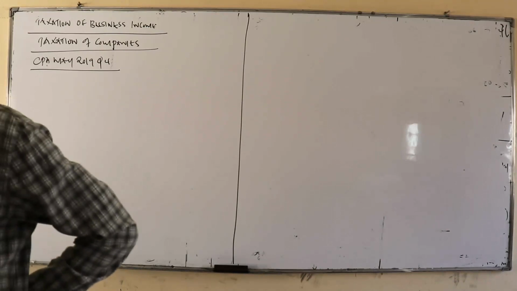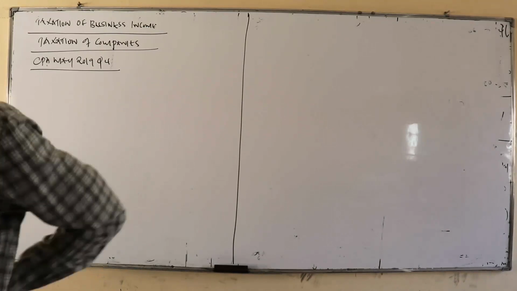Number 3, bad debts recovery related to bad debts on sale of furniture and bad debts on credit sale of goods. And number 4, insurance claim related to insurance compensation on loss of profit and insurance claim on loss of motor vehicle.